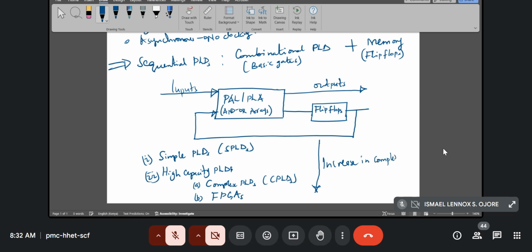Even from the naming itself, it will communicate that.